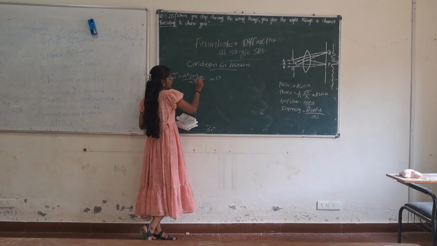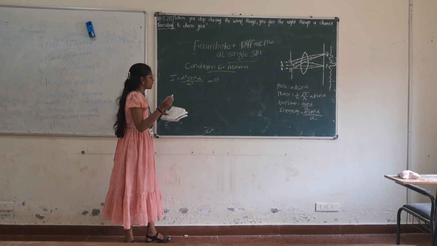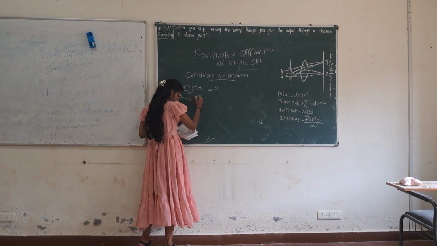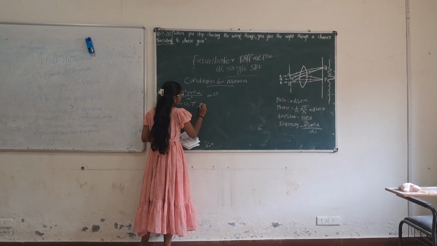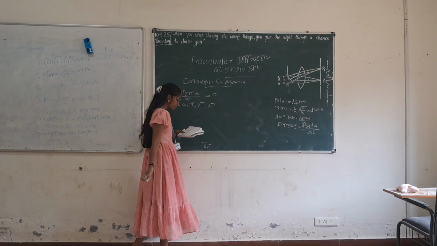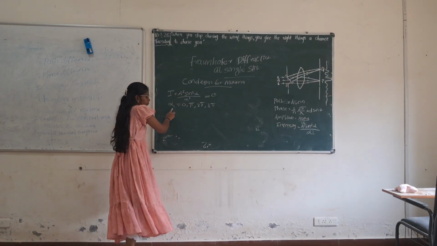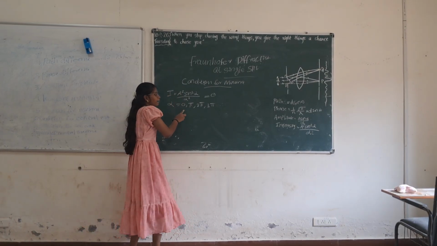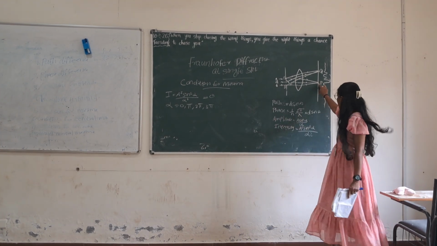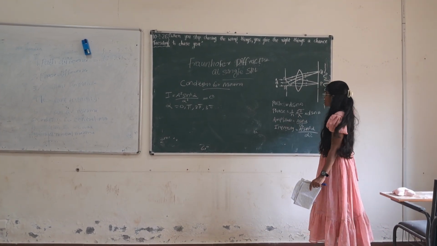If sin alpha is equal to 0, the possible values of alpha are 0, pi, 2 pi, 3 pi, etc. But here we can't take alpha equal to 0, because alpha equal to 0 produces maximum intensity and the central bright band.